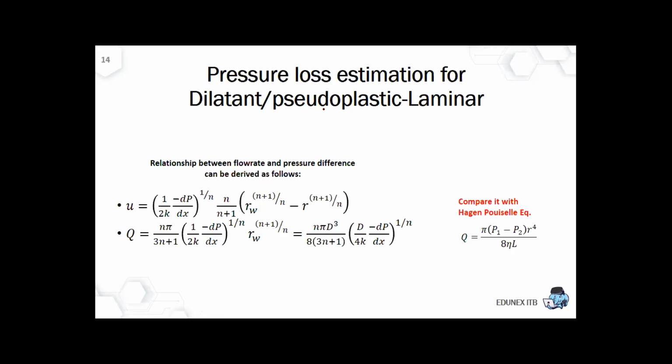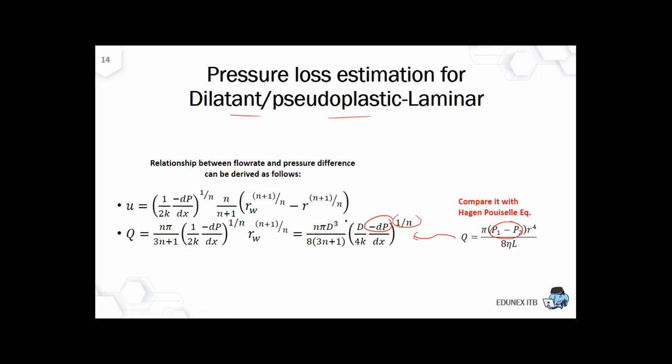For dilatant or pseudoplastic laminar flow, we can estimate this by using this equation and this one. It's very similar to Hagen-Poiseuille, isn't it? The only difference is it's not mu, it's K, but it's there. Delta P is delta P, and it contains 1/n.